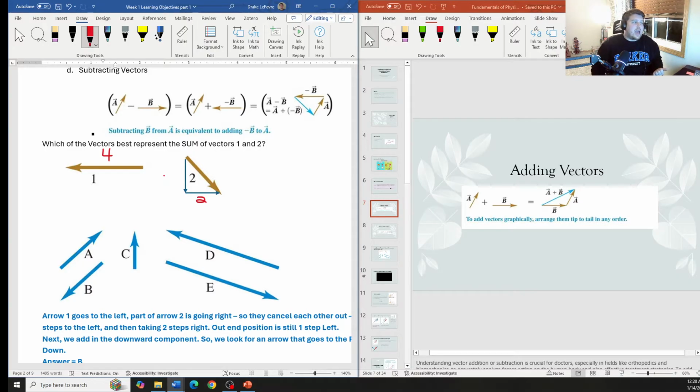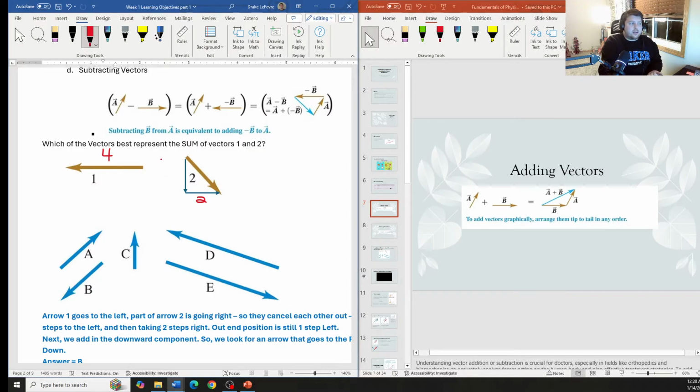So we add those together. Let's talk about them in terms of steps. If I take 4 steps to the left and then 2 steps to the right, where do I end up? It's the same as if I was taking 2 steps to the left. So my x-axis direction is going to be leftwards.